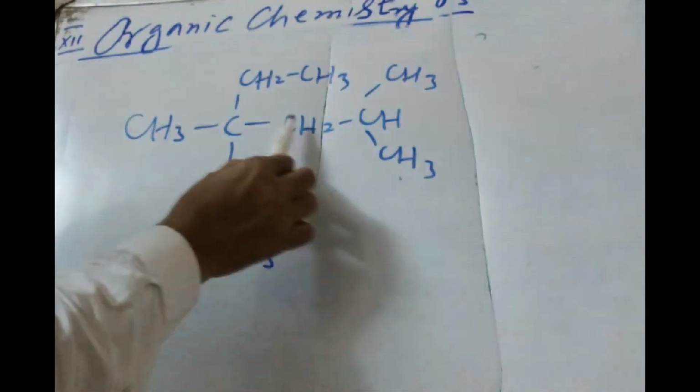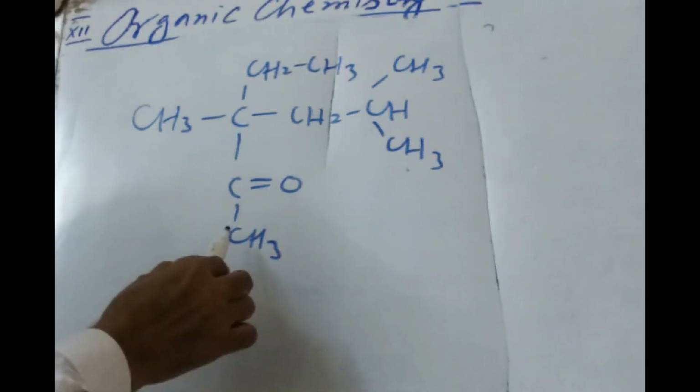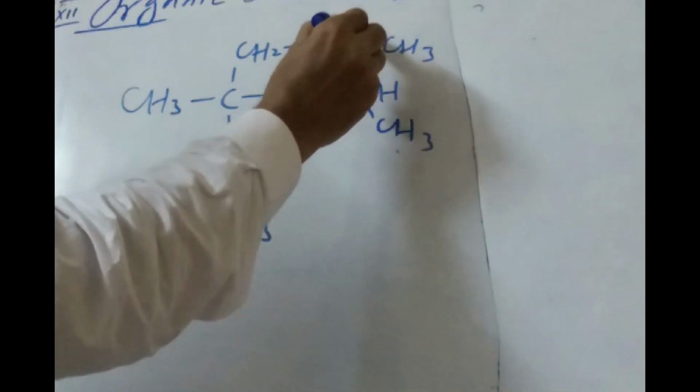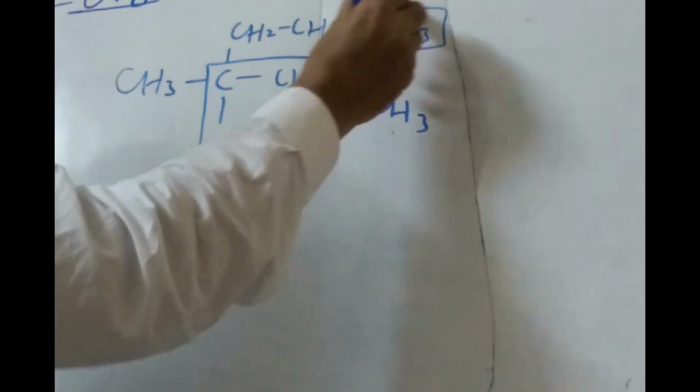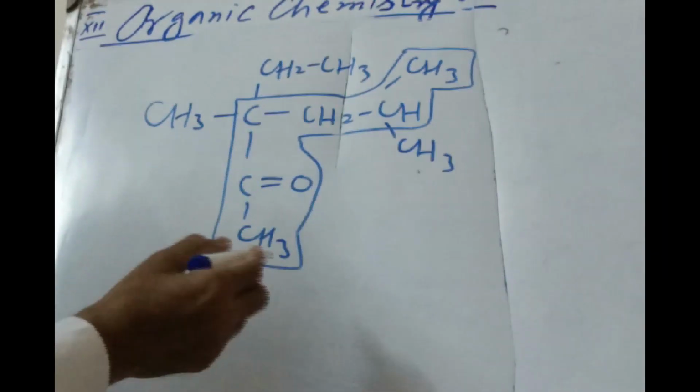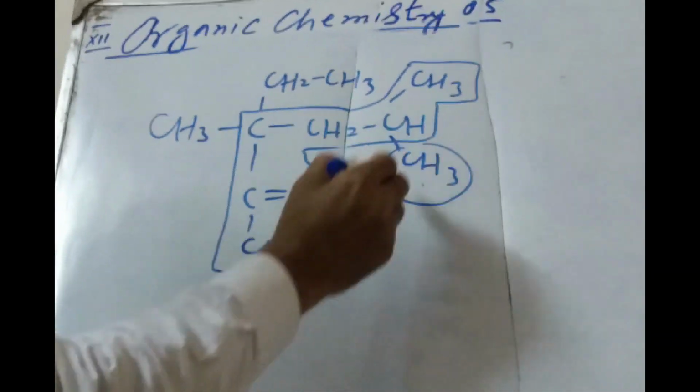This is another compound. Now select the longest chain. 1 2 3 4 5. 1 2 3 4 5 6. 1 2 3 4 5. So the longest chain is this one. In this case, this is the methyl group.